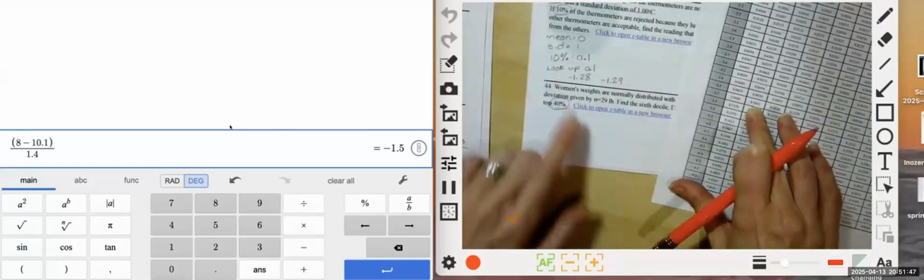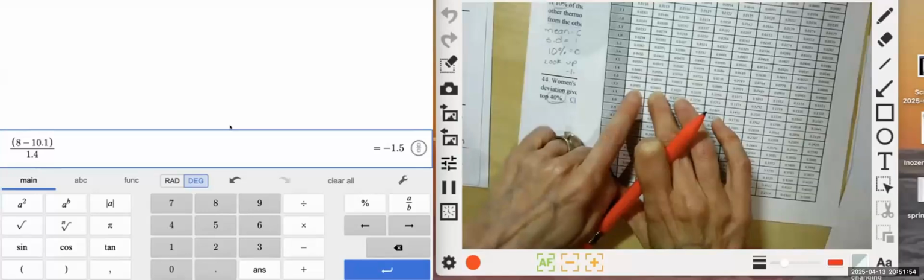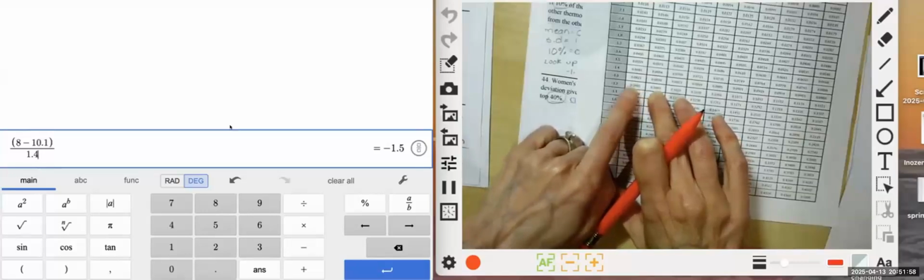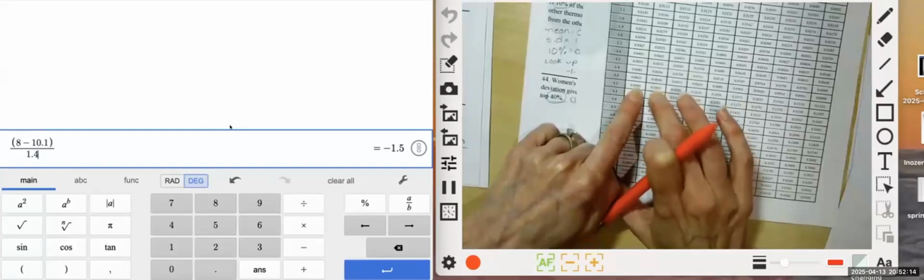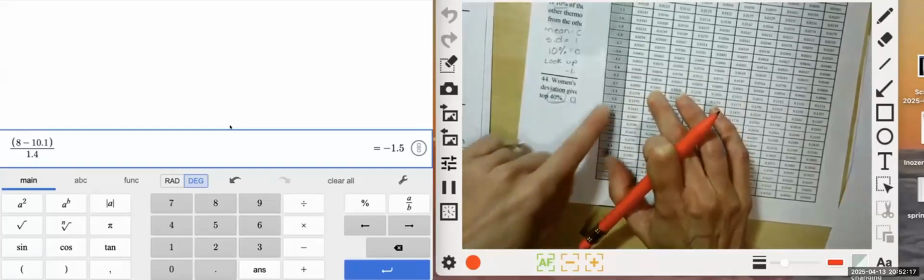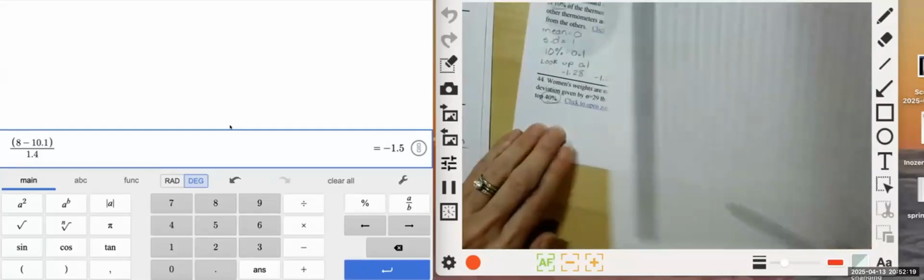And we're looking for 0.1. So this is 0.0003 above, and negative 1.29 is 0.0015 below. So this one is closer, negative 1.28.